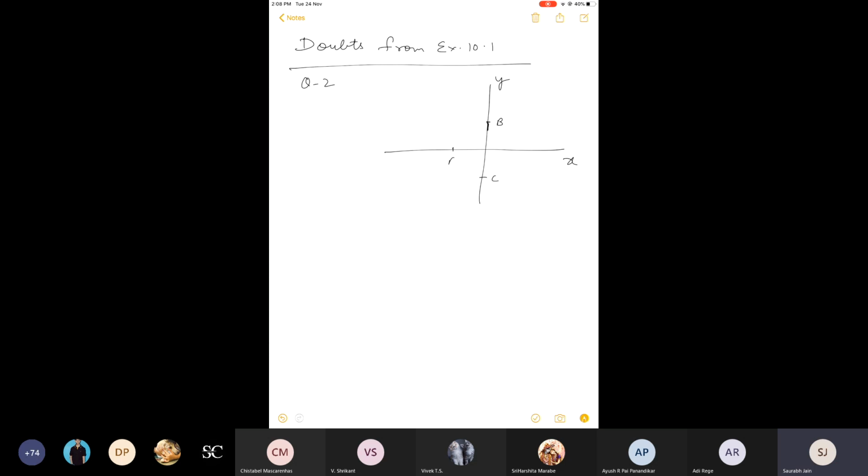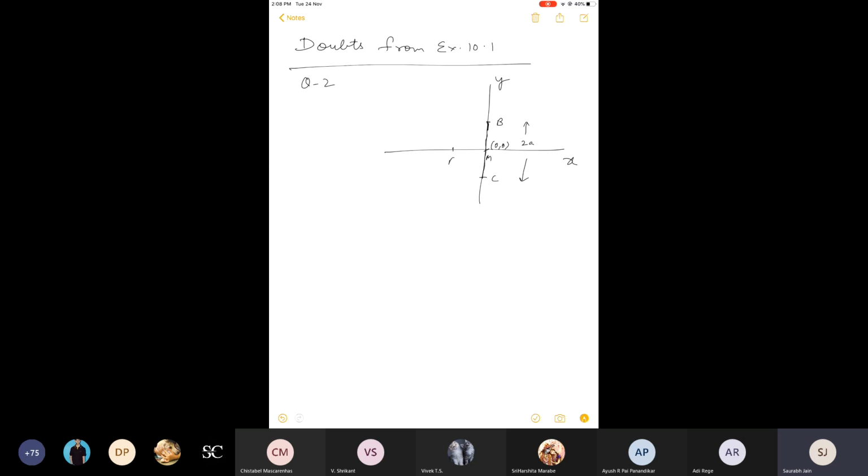This will be one of the sides of the equilateral triangle such that the midpoint of this side is at the origin. They have given that the length of each side of the equilateral triangle is 2a.